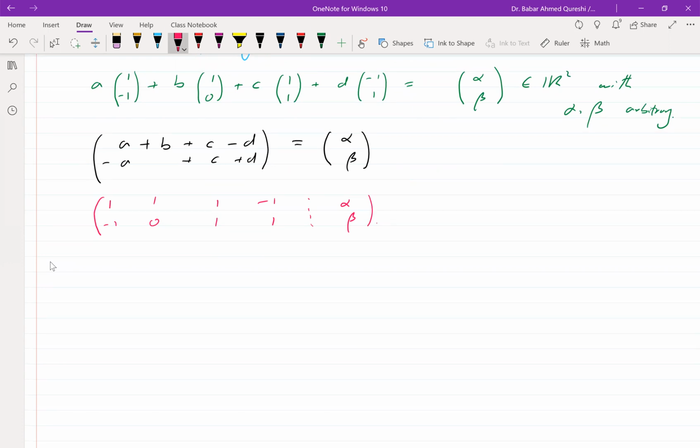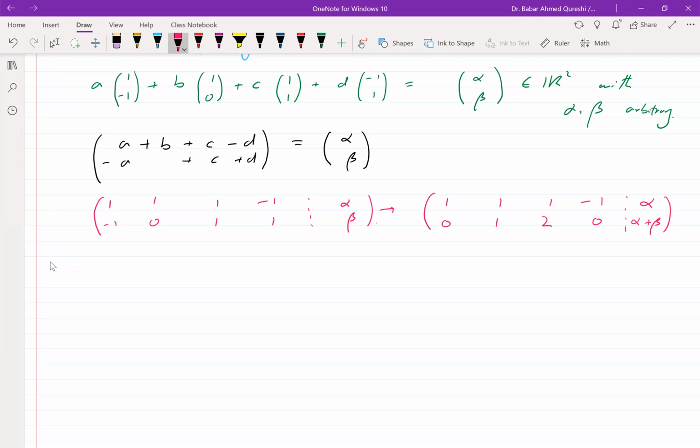So if I add this below, this goes to zero, 1, 2, 0, alpha plus beta.